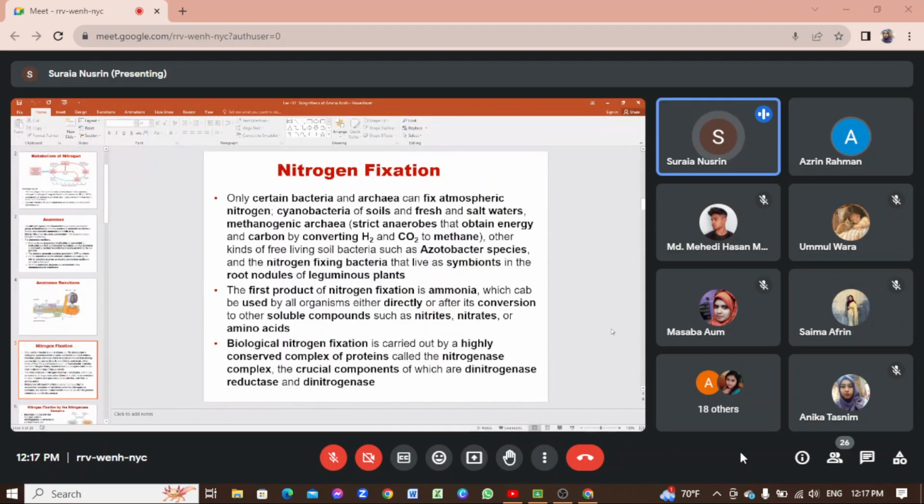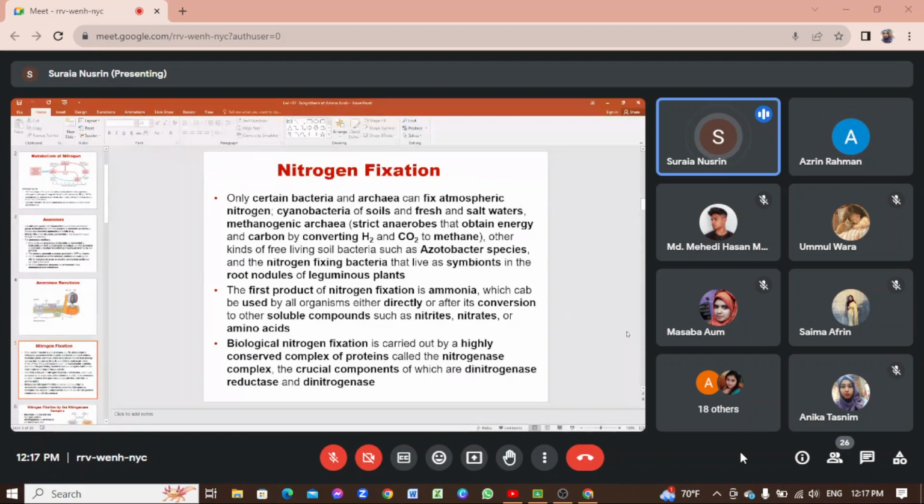Okay, next one. So the normal nitrogen fixation, which we have seen at the very first slide, is done by some bacteria and archaea. They have the ability to fix the atmospheric nitrogen. Particularly certain bacteria are called cyanobacteria. They are present in the soil as well as in fresh and salt waters.